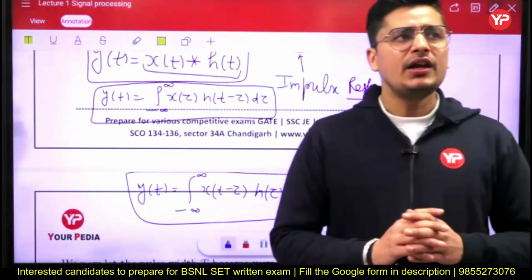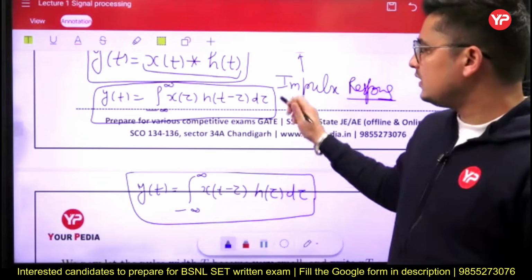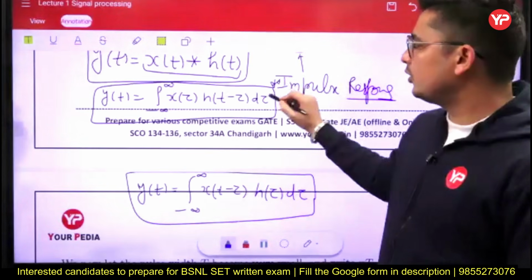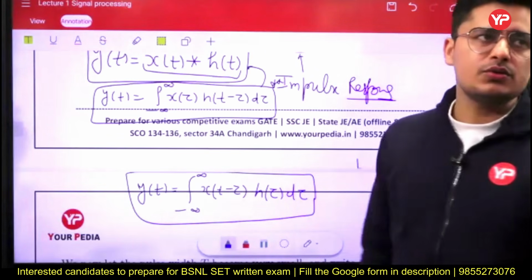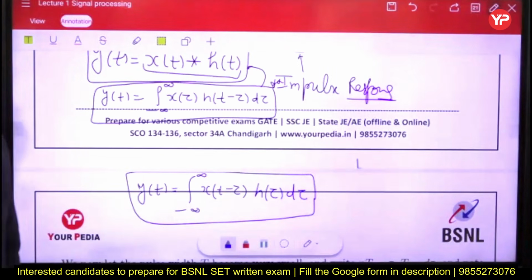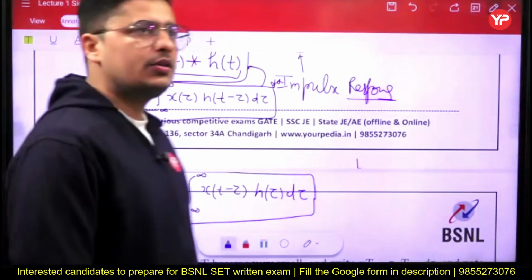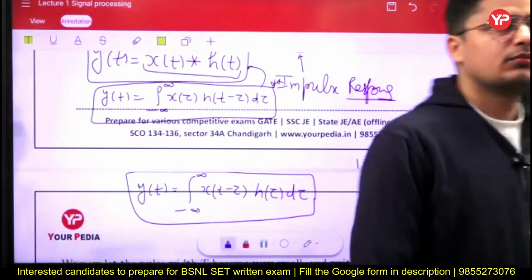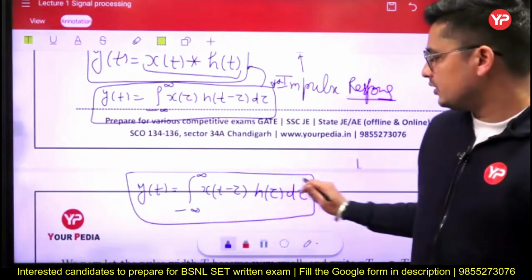Convolution is not any mathematical tool or anything, it's just a formula to calculate the output. We give this formula the name convolution. Understood, Abhinav? These are the two formulas you have to remember.